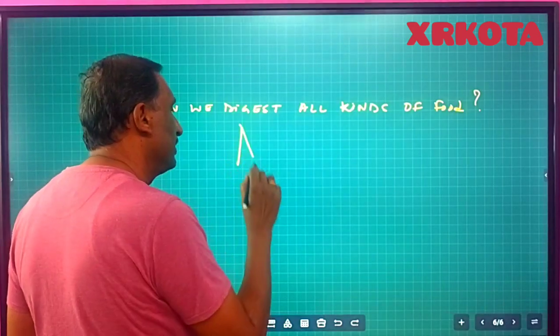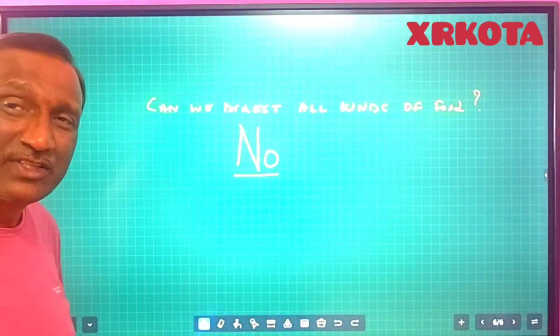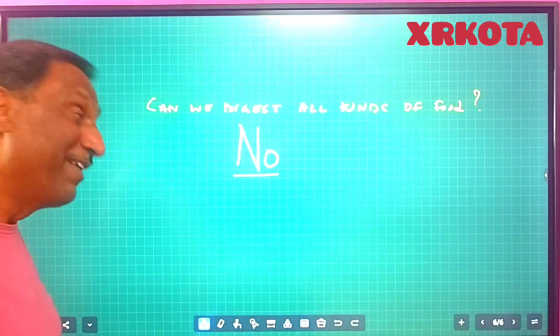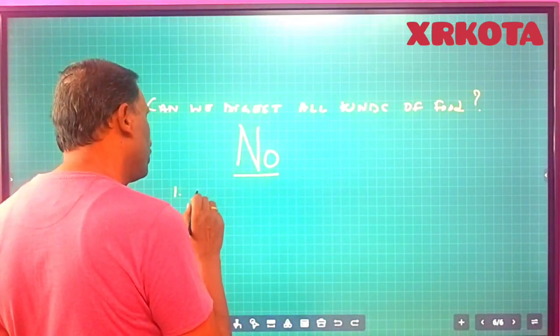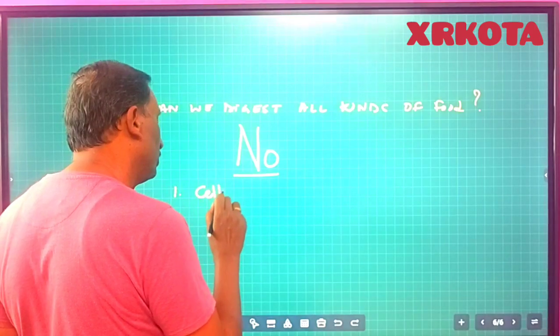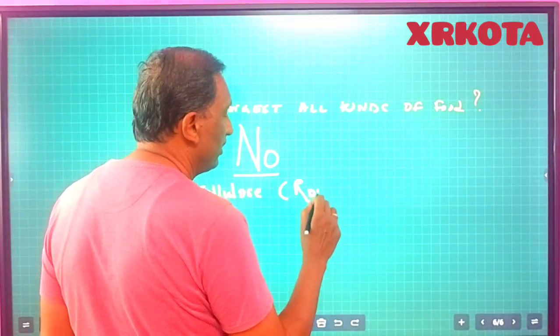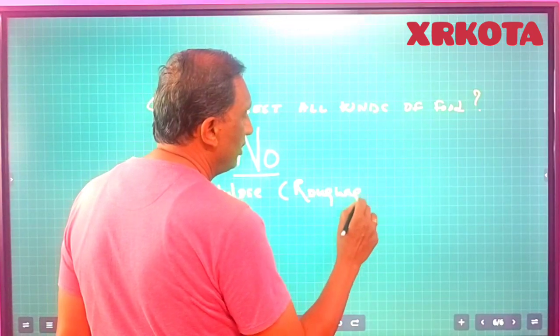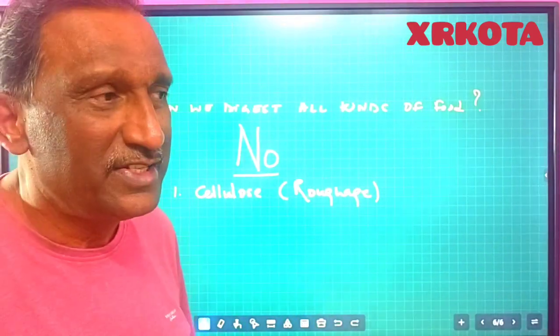So the answer is a big no. What can we digest? What can we not digest? We cannot digest cellulose, which we call roughage. We cannot digest cellulose.